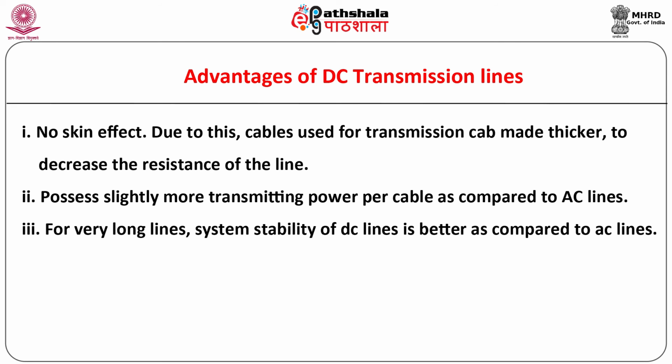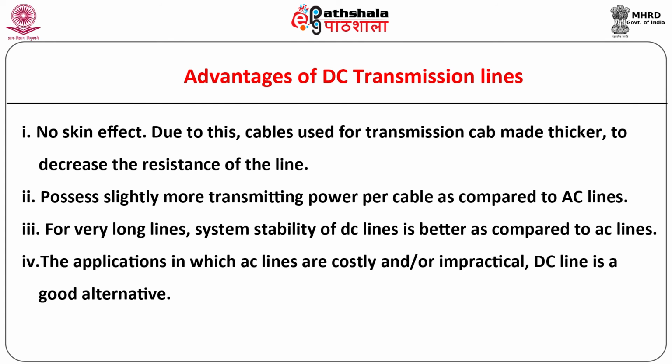For any long lines, system stability of DC lines is better as compared to AC lines. Intermediate switching stations are usually required for long distance AC lines, which further results in increasing cost. DC lines can carry at least twice as much power as an AC line of the same voltage.